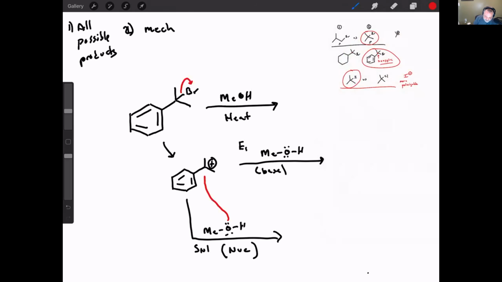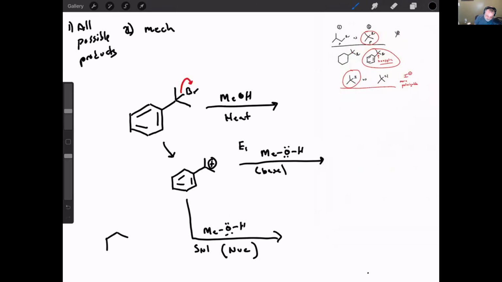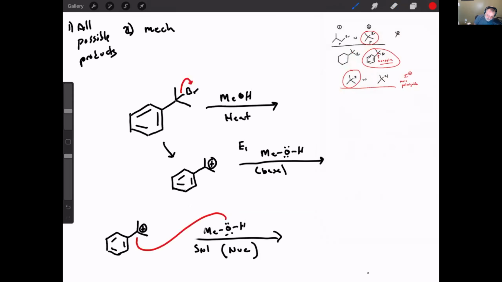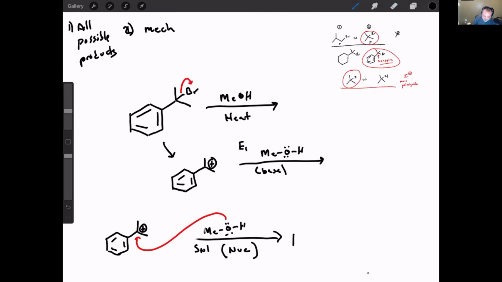As a nucleophile, actually I'm going to draw another version of it, because I don't want to crowd my picture this time. In the substitution process, the methanol acts as a nucleophile, and it does a nucleophilic attack.